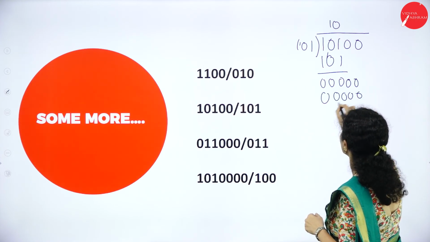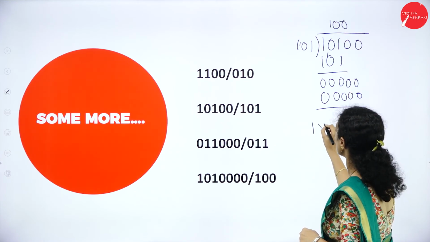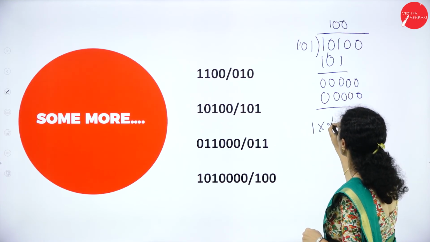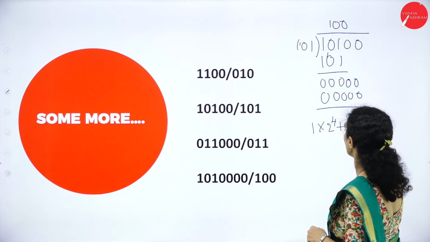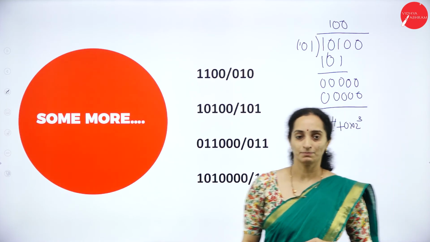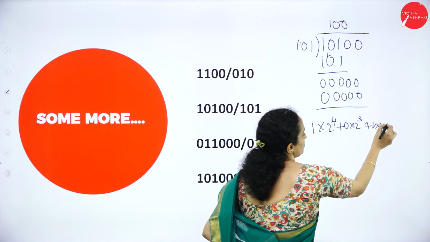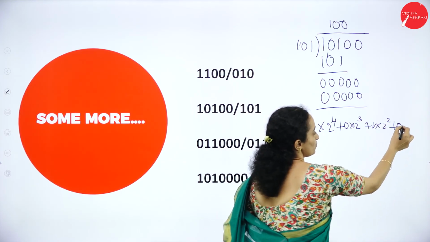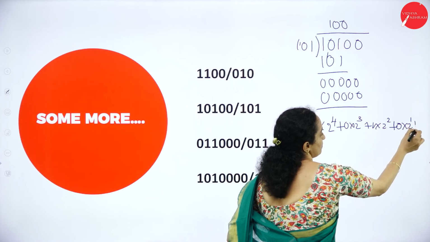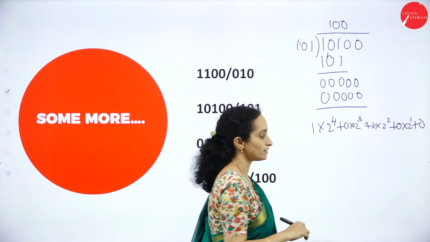This will be 000. The value of 10100 is 1 into 2 to the power of 4, plus 0 into 2 to the power of 3, plus 1 into 2 to the power of 2, plus 0 into 2 to the power of 1, plus 0 into 2 to the power of 0, which is 0.